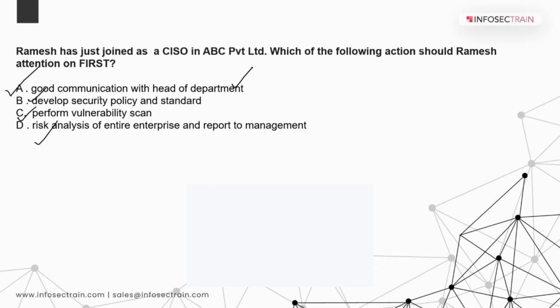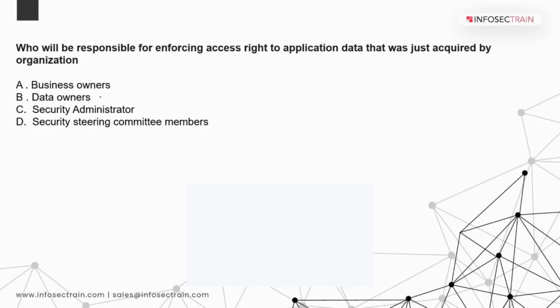Answer is A. Next question. But when you are going to initiate any program, you have to do a business case, and in the business case, you do your cost benefit analysis. Then you will get approval. How will you get business approval? You have to give a justification, right? Then you have to perform.